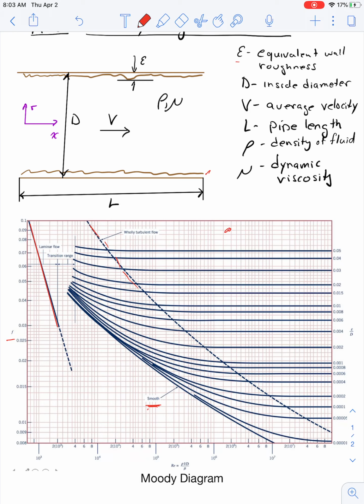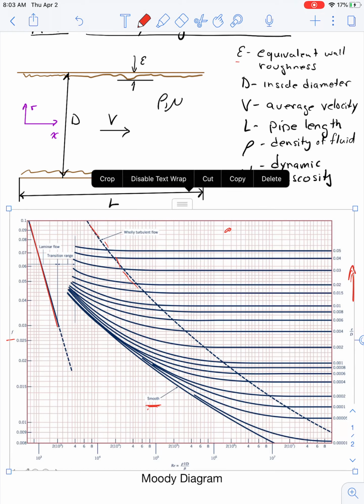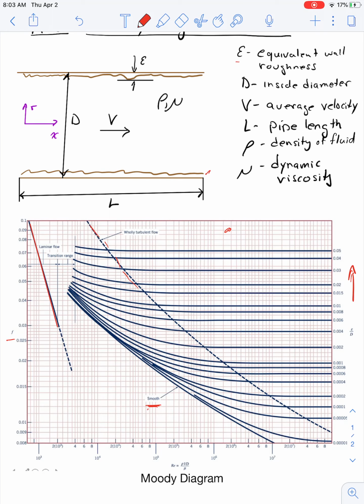In this region, inertial effects dominate over viscous effects. There is an effect of the roughness length itself, because as we increase the roughness, that's going to increase the pressure drop. But in addition to the roughness effect, the Reynolds number is no longer important. That region has a friction factor that is constant with Reynolds number.